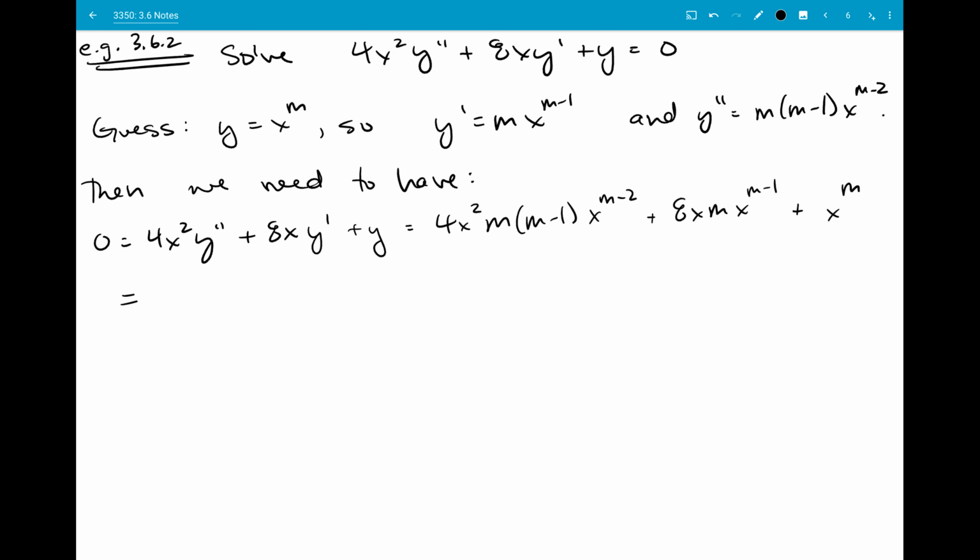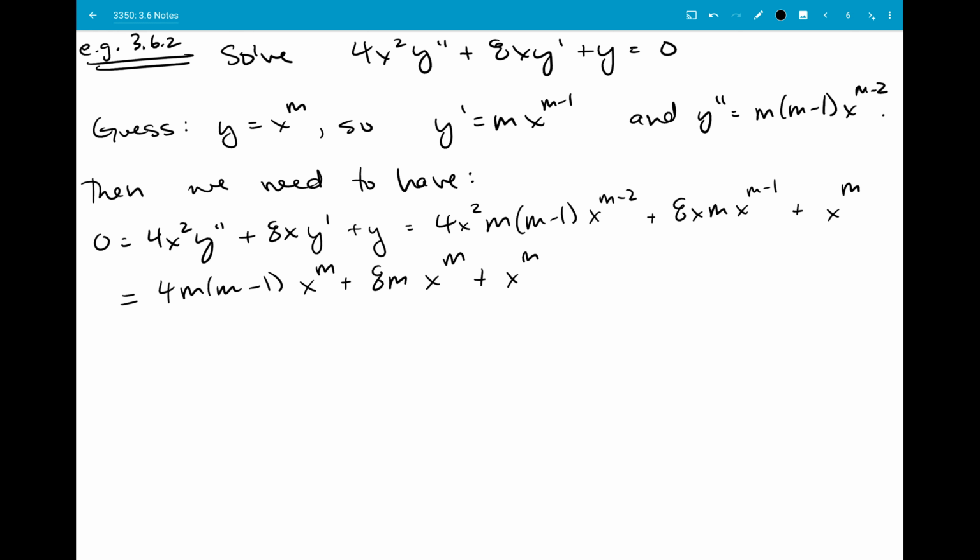And I have to just start simplifying this. So I've got 4m times m minus 1. And then my x squared and x to the m minus 2 multiply together to give me x to the m. I've got 8m x to the m when my x and x to the m minus 1 multiply together. And then that single x to the m stays the same.